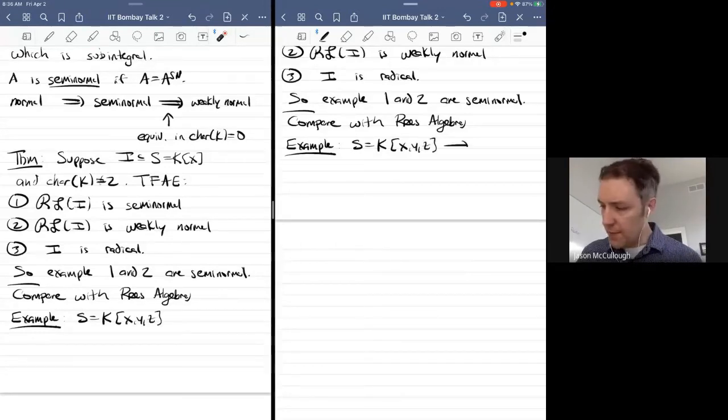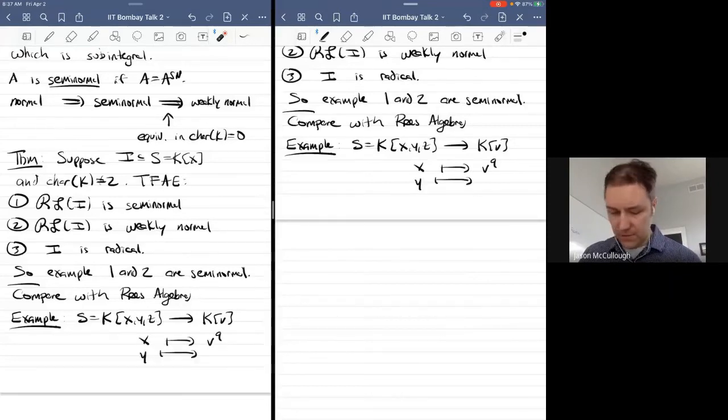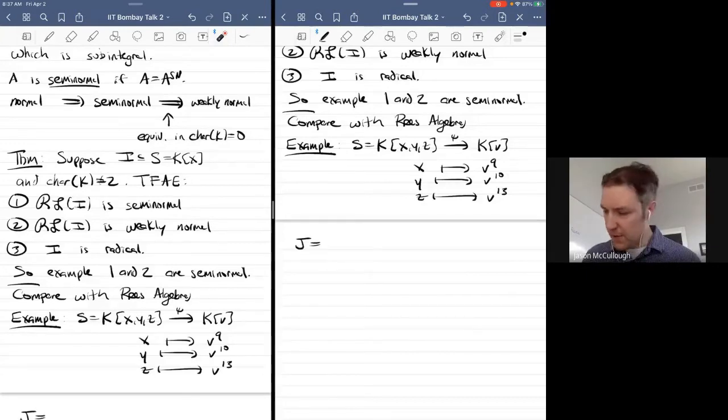So consider the map from k[x,y,z] to k[v] that sends x to v to the 9, y to v to the 10, and z to v to the 13. Call this map psi, and let's let J be the kernel.